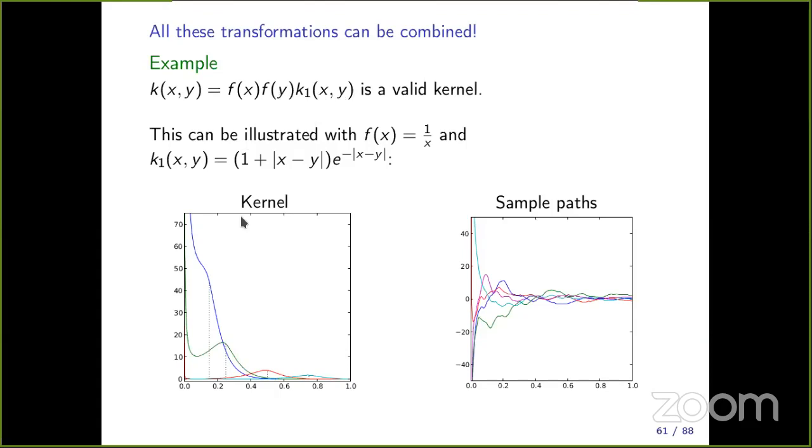So this is a valid kernel. And now we have a covariance that is non-stationary, where the variance is high towards 0 and small when you move away from 0. So this is one way to encode non-stationary variance, just by multiplying by a function here that will inflate or deflate the variance depending on where you are in the input space.